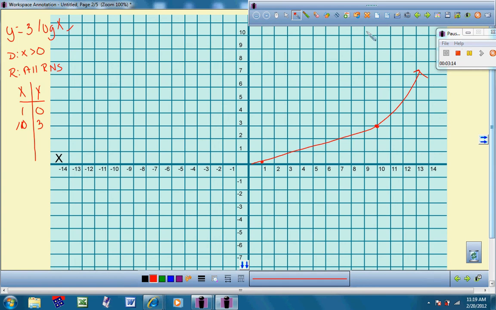Alright, let's go ahead and do another exponential function. Let's say we have y is equal to 2 times 2 raised to the x minus 1, plus 1. Now if you notice, we have some h values and we have a k value, so that means I have a horizontal shift and I have a vertical shift.